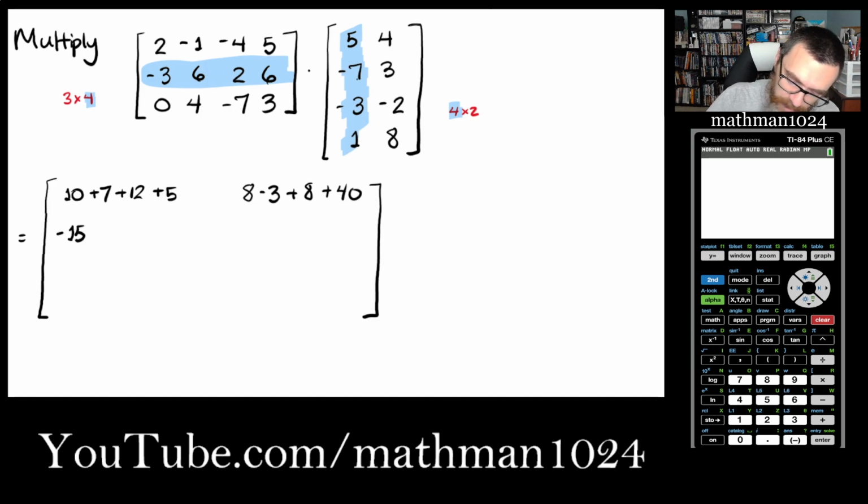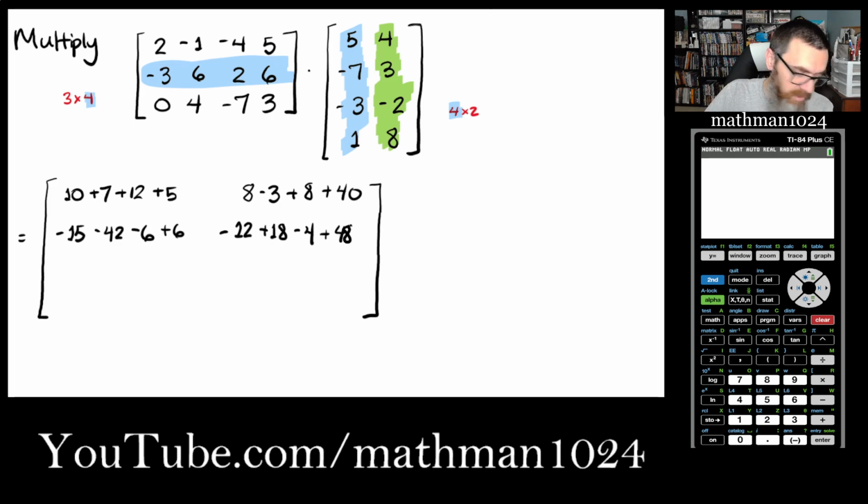Negative 6 times negative 7 is negative 42. 2 times negative 3 is negative 6. 6 times 1 is 6. Now we'll move on to the second column. Negative 3 times 4 is 12. Negative 6 times 3 is 18. 2 times negative 2 is negative 4. And 6 times 8 is 48.